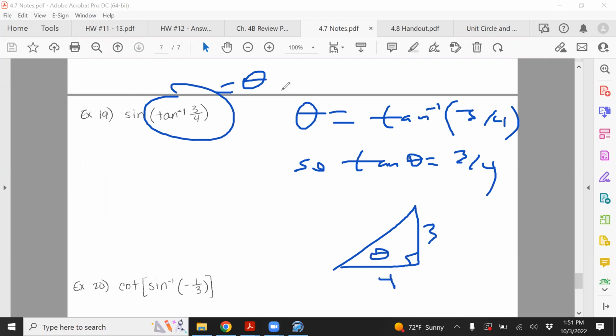So far, before I go any further, are you guys with me? We're good? Okay, good. Now, what's my hypotenuse? 5, right? Hypotenuse is 5. So therefore, I want sine theta, which is 3/5. Not that hard.